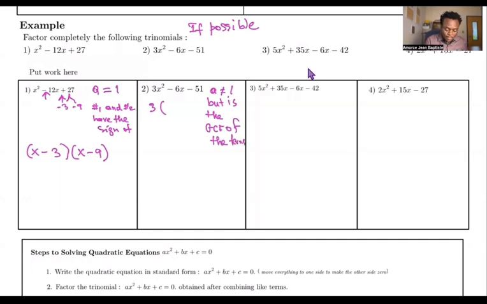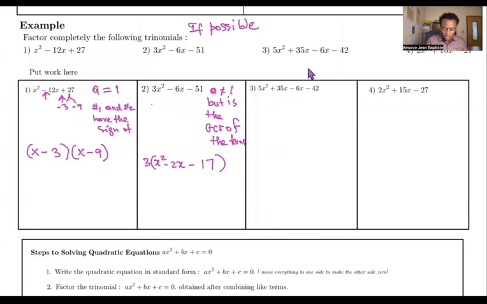Because it's the GCF, we can factor it out. So the expression becomes 3 times x squared minus 2x minus 51 divided by 3, that will be 17.